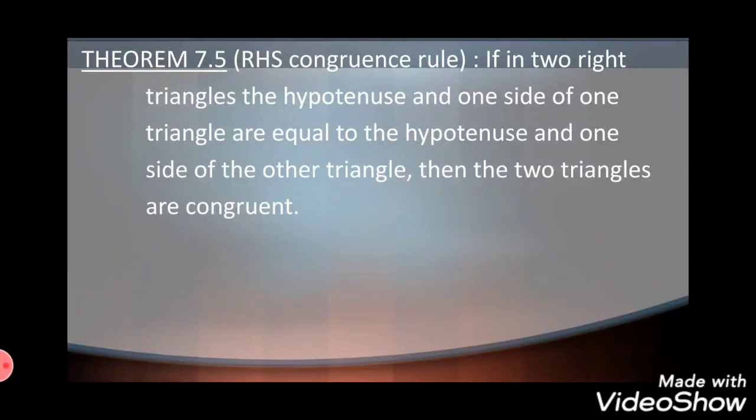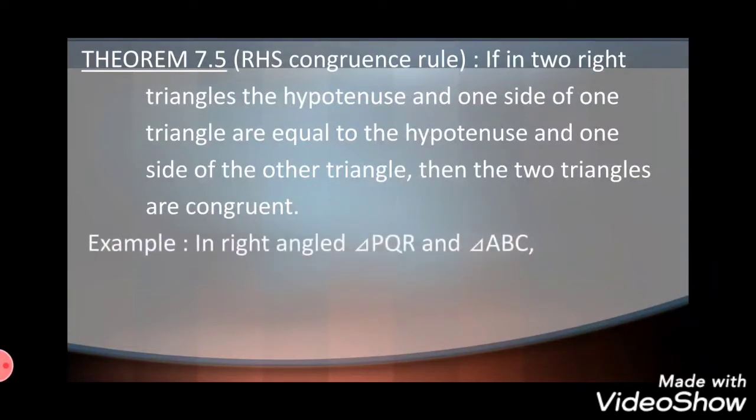So according to RHS congruence rule, if in two right angle triangles, compulsorily, the hypotenuse and any one side of one triangle are equal to the hypotenuse and any one side of the other triangle, then both the triangles are congruent.